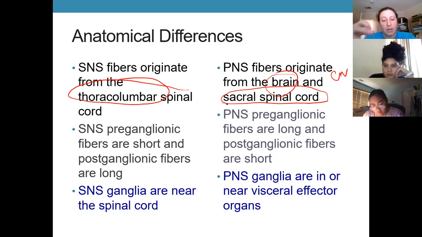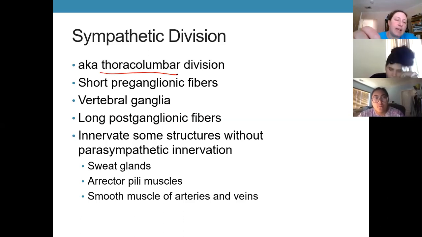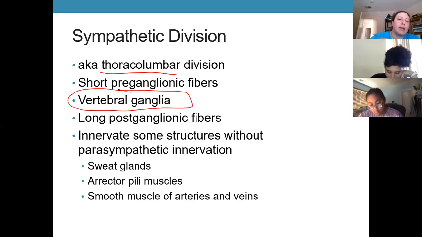So we'll look at all this more later. I'll show you diagrams and stuff, but this is the summary of those differences. So sympathetic division, because the axons come out of the thoracolumbar segments, will sometimes also be called the thoracolumbar division. Because the ganglia are right by the vertebrae, we actually call them vertebral ganglia, although there are a couple that are different.